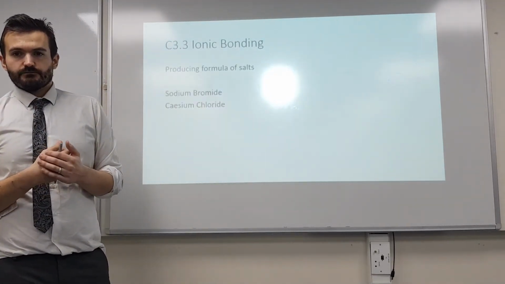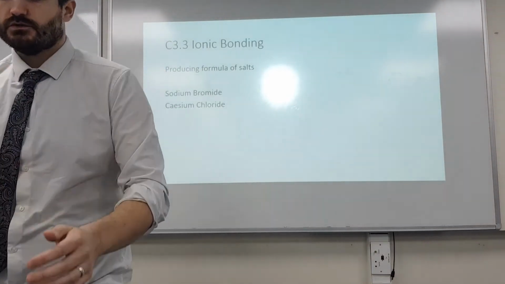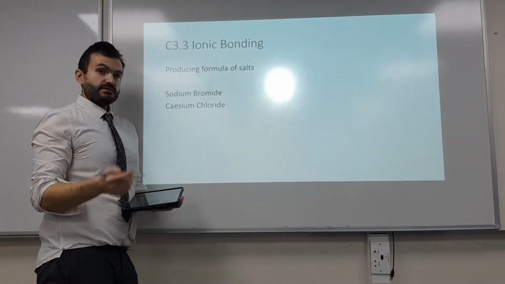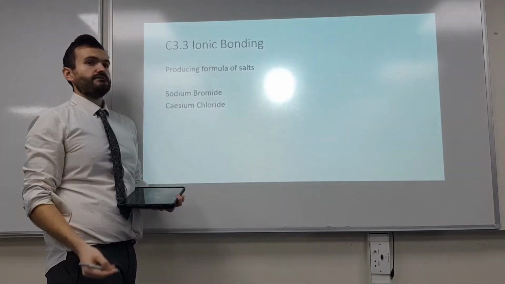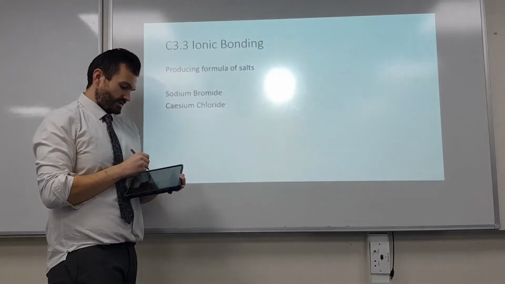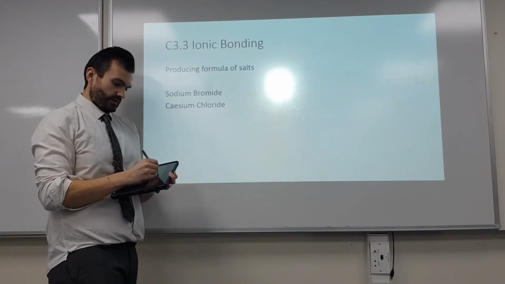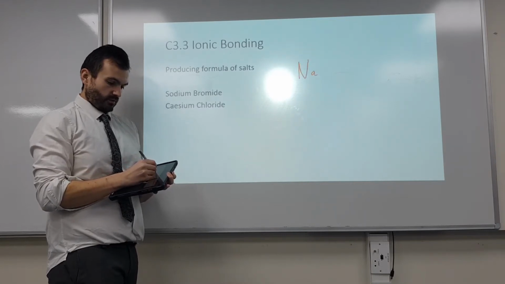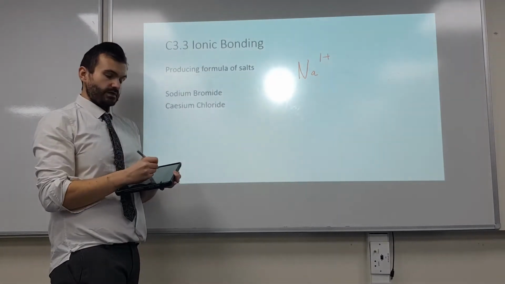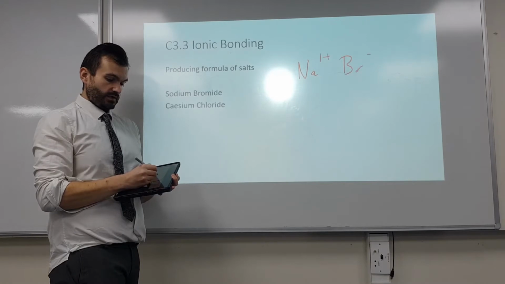So we need to be able to work out the formula of salts. It is relatively simple. If we have sodium bromide, we go look up sodium on the periodic table. We know it's Na, then it's 1+, because it's in group 1. Then if we go look up bromide, it's in group 7, so it's going to be Br1-.